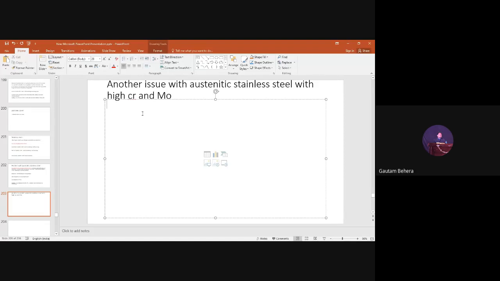So your impact strength will reduce, and your corrosion resistance will also be hampered. So this is another problem we can face.